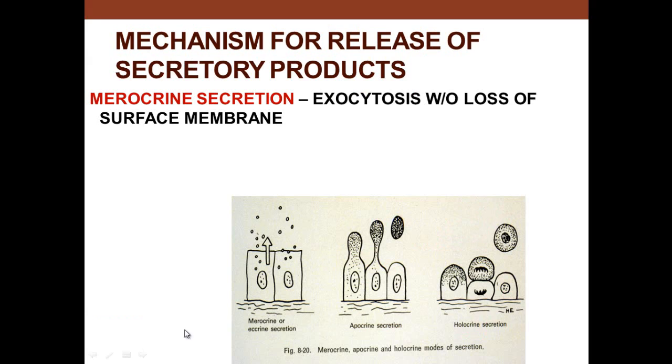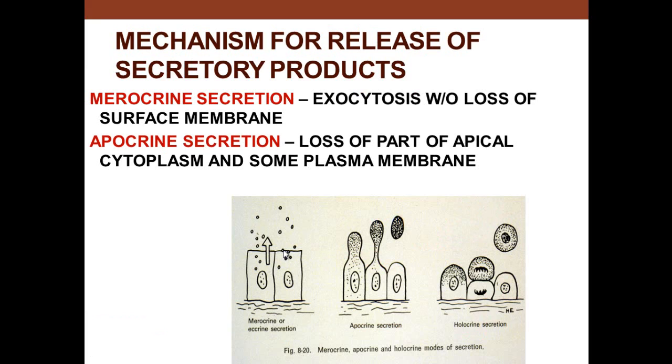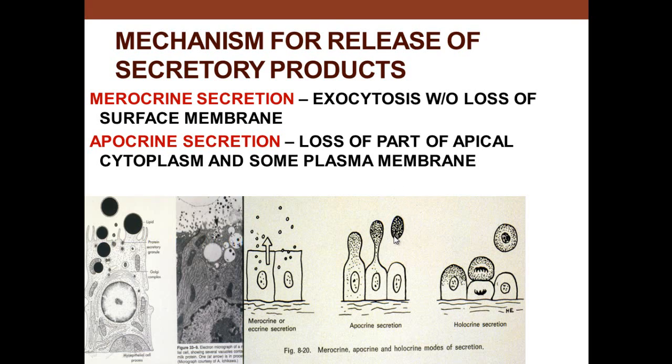Merocrine secretion is simply exocytosis. That's how proteins get out. Apocrine secretion is where some of the plasma membrane itself goes out with the secretion. If we look at milk producing cells, they have both of those.